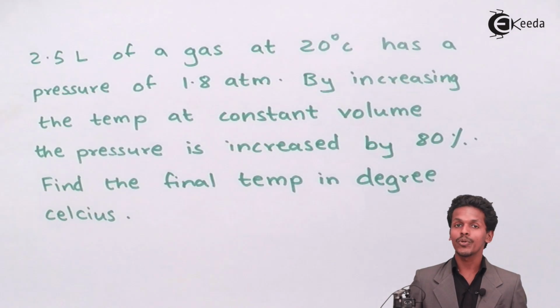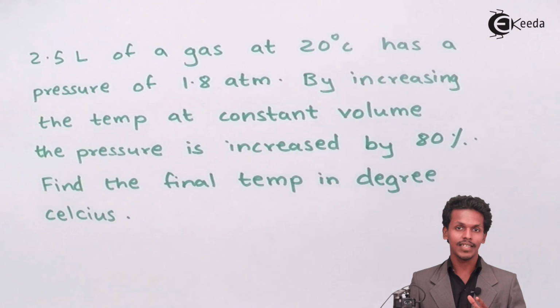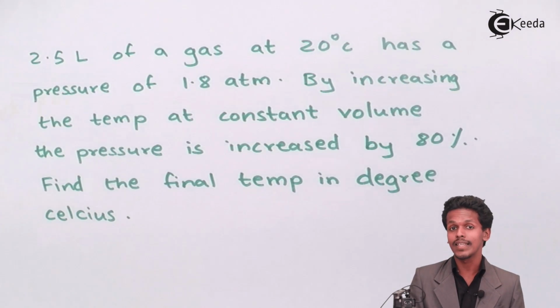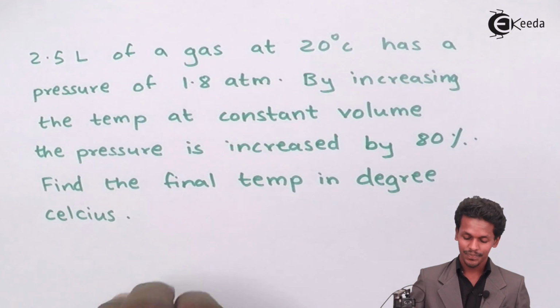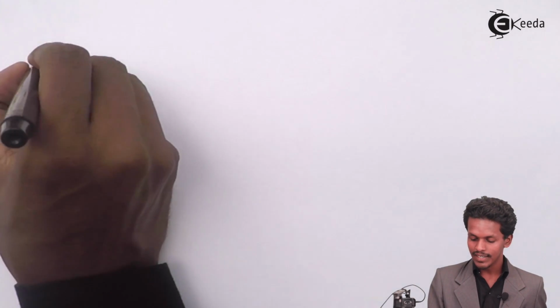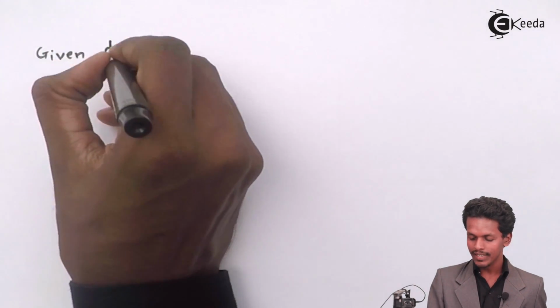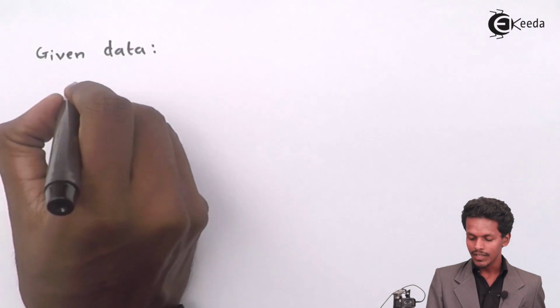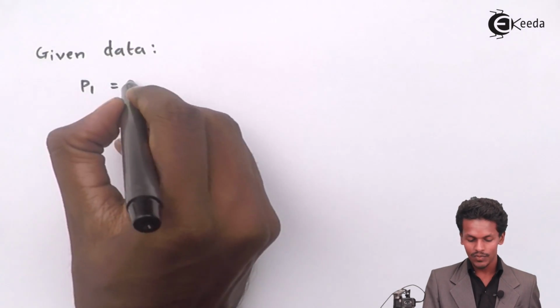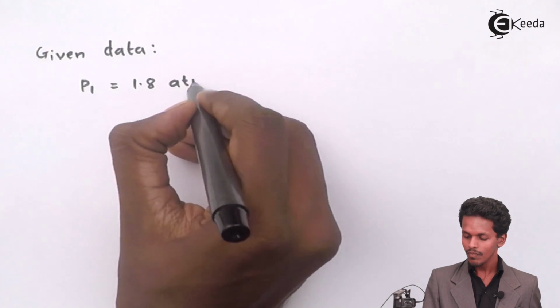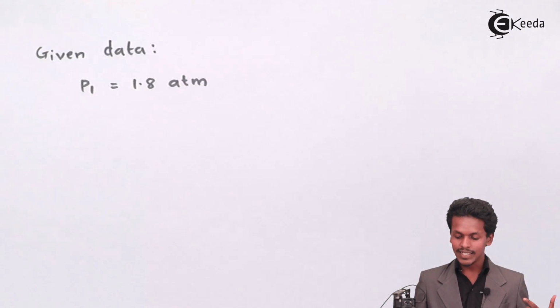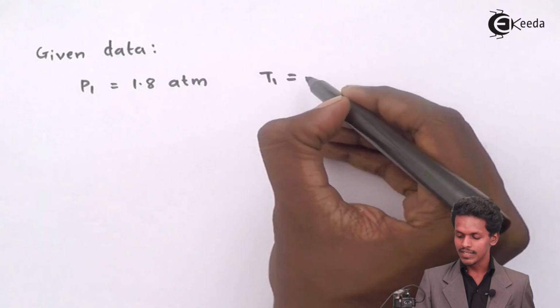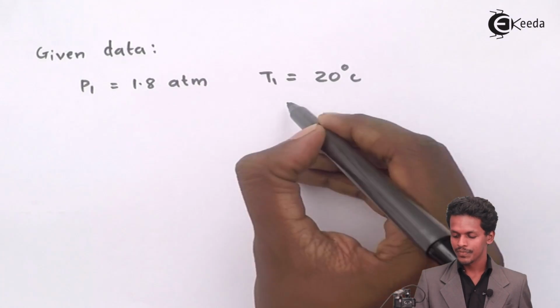The first thing we are going to do is extract the data, or analyze what is the given data provided in the question. I would write it in the given data format: P1, the pressure they have provided, is 1.8 atmosphere, while the temperature T1 is 20 degrees Celsius.